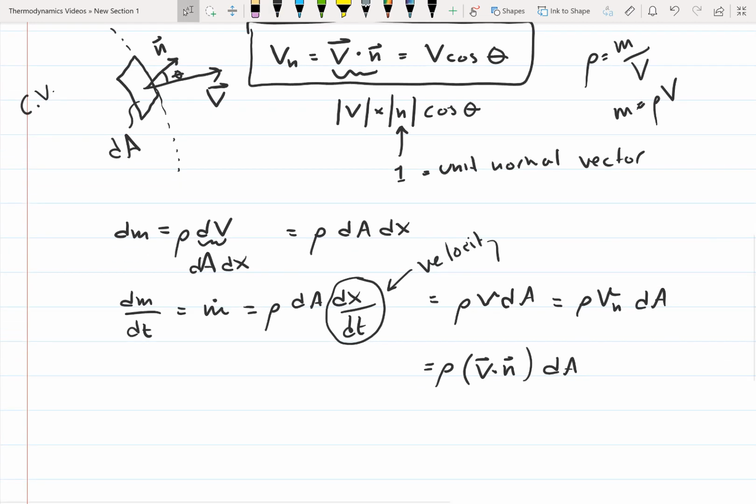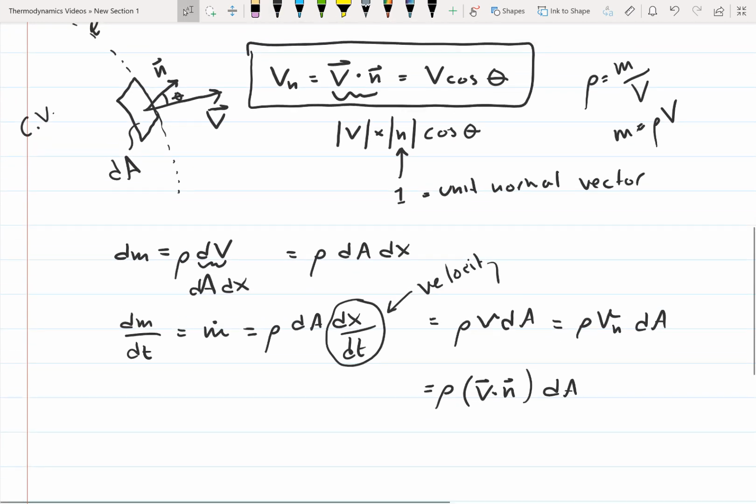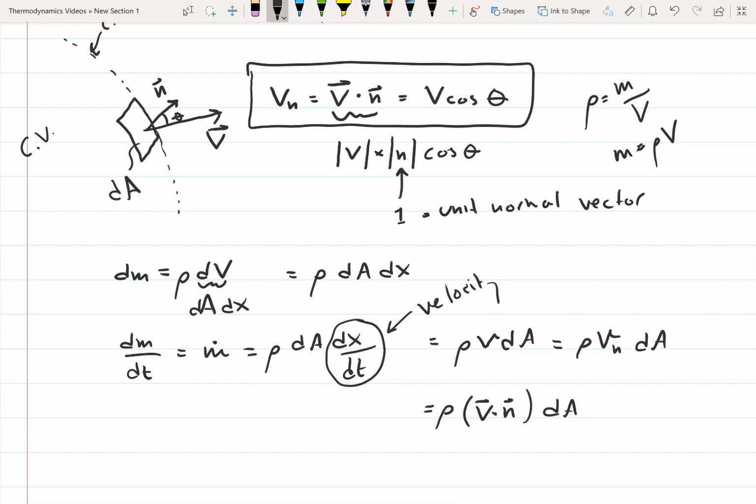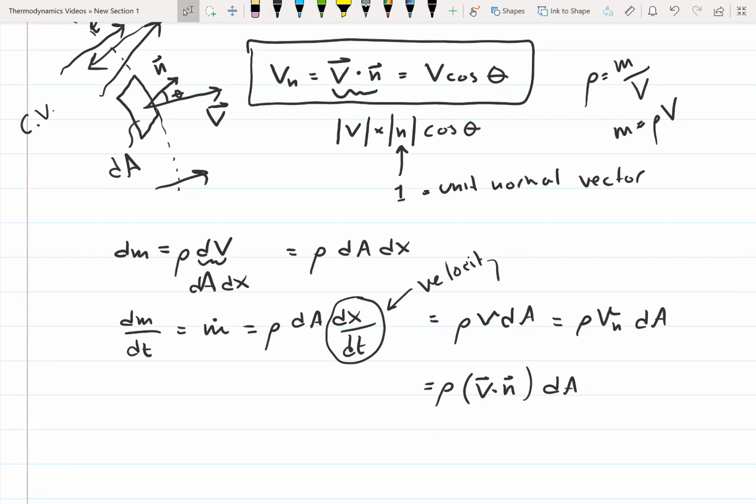So now we have this fluid flowing into or out of the control volume. Let's say we have fluid here and here and here. What we want to do is add up all of the fluid that's flowing into or out of the control volume. So we can sum the mass flow rate in or out of the control volume over the entire surface.